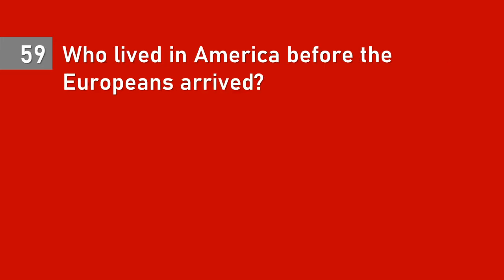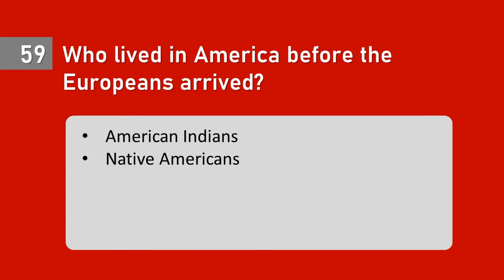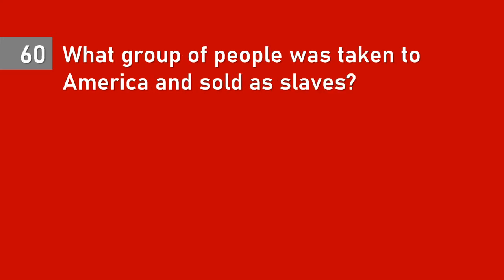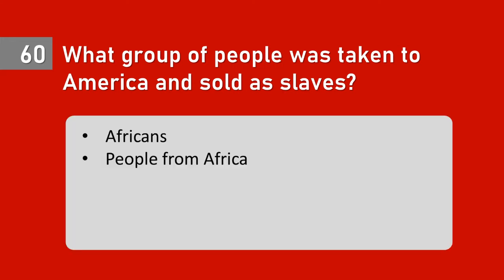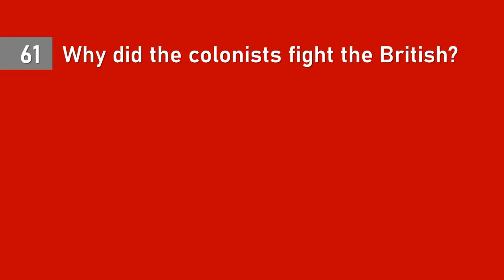Who lived in America before the Europeans arrived? American Indians. Native Americans. Question 60. What group of people was taken to America and sold as slaves? Africans, people from Africa.